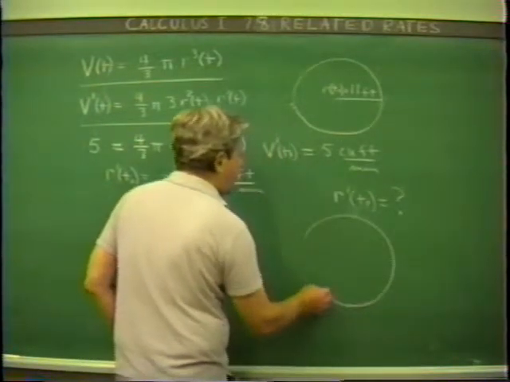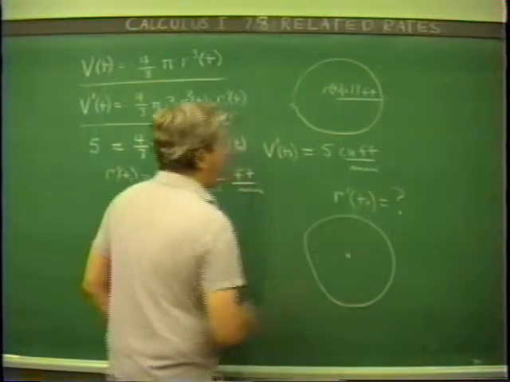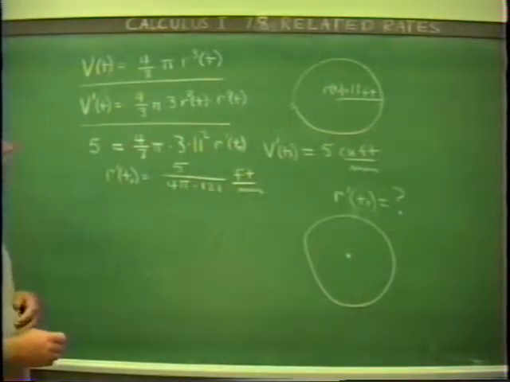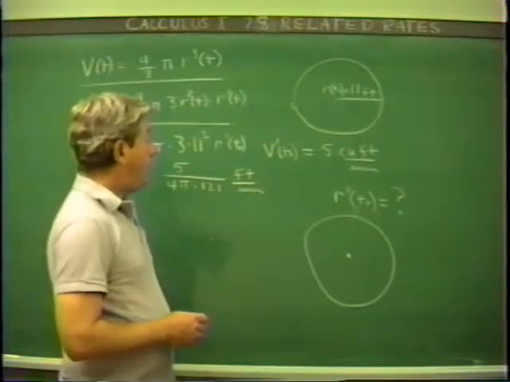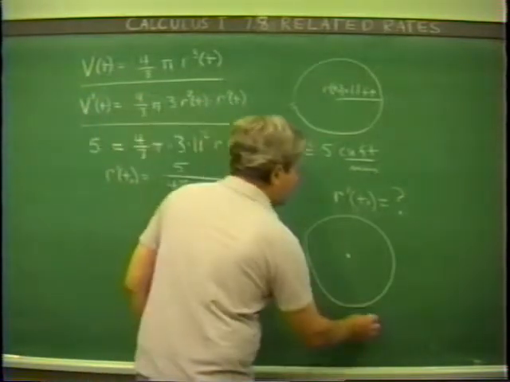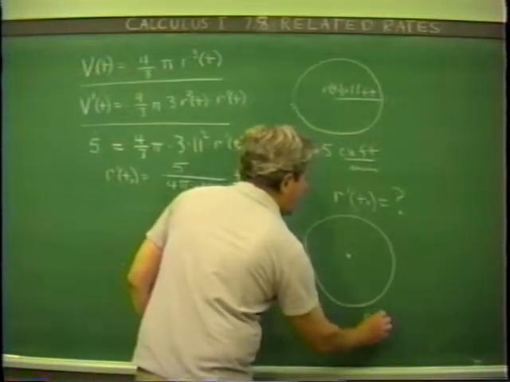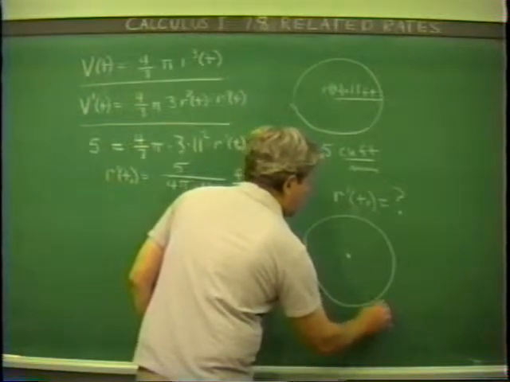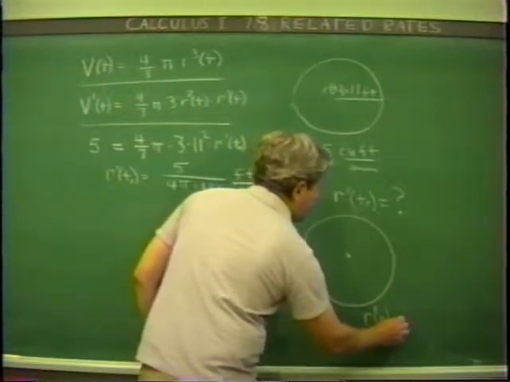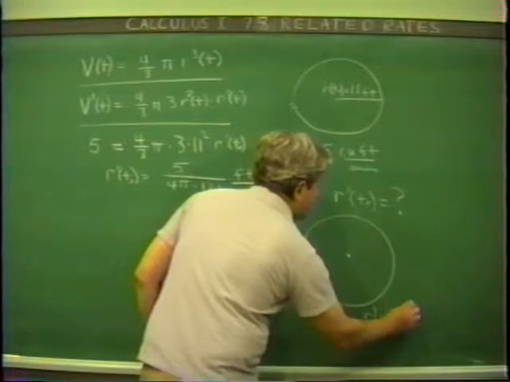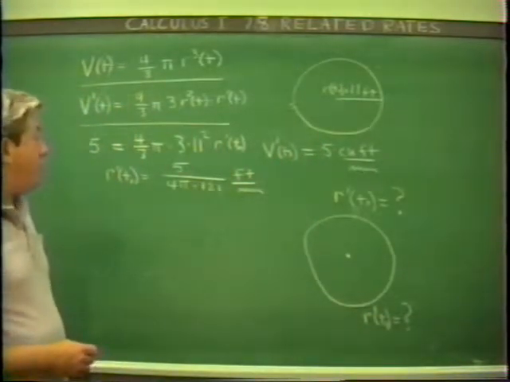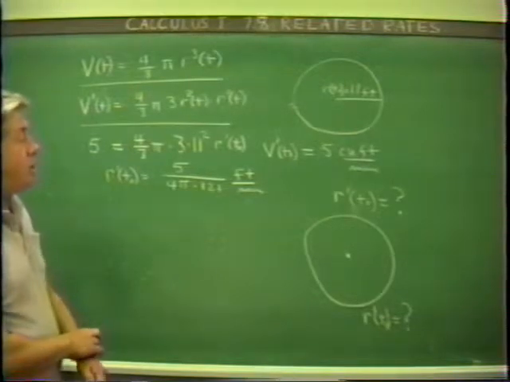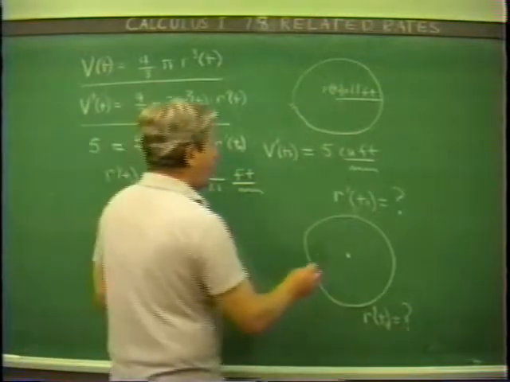Well, let's look at a slightly different problem with the same idea. Let's imagine that we've got an oil slick that's formed by oil pouring at the center of a circle here, and that this slick has a certain thickness. And we want to know then what is the rate at which the radius is changing at a time t naught. Well, I'm going to change the problem slightly. Let's consider a simpler problem.